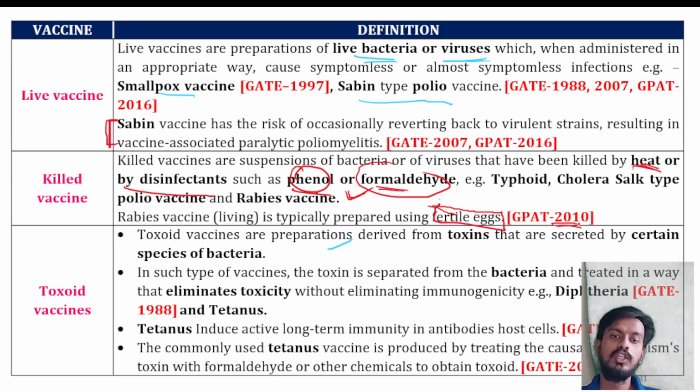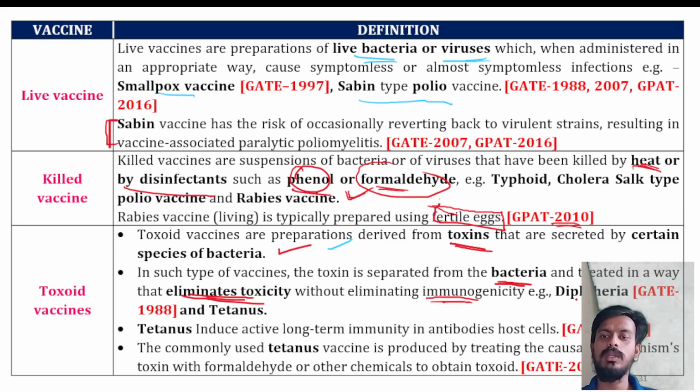Next is toxoids. Toxoid vaccine preparations are derived from toxins. Basically here toxins that are secreted by certain species of bacteria are used. In such a vaccine, the toxin is separated from the bacteria and treated in a way that eliminates the toxicity without eliminating the immunogenicity. Example is diphtheria.